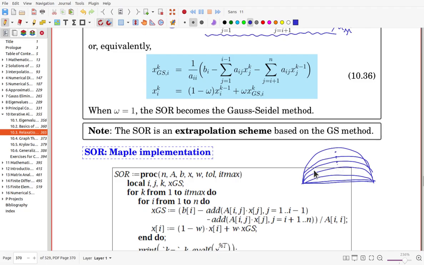However, once you reach around there, and the old one is here, and the new solution is here, then if you have omega larger than 2, the distance will be over there. And if it is 2, then it's the same distance you are updating.